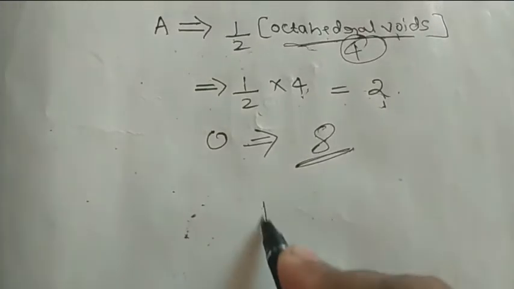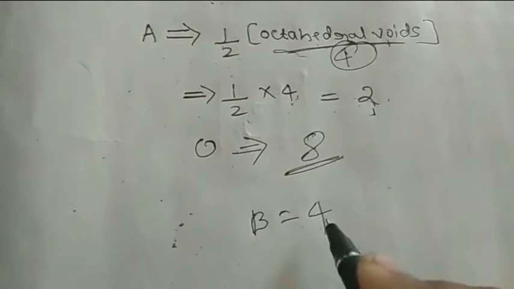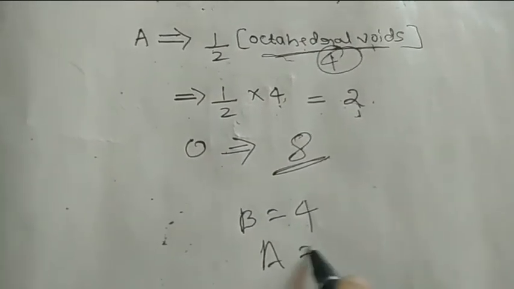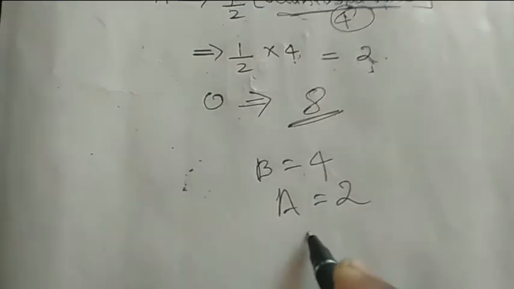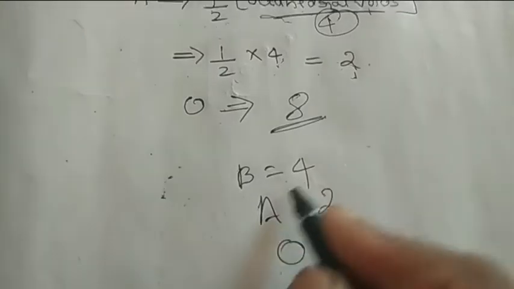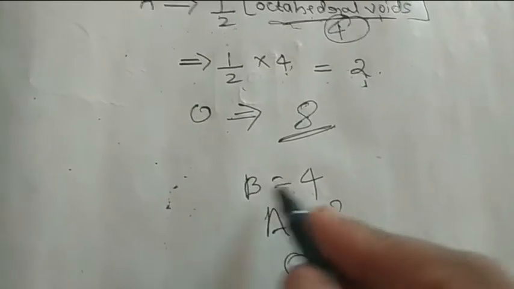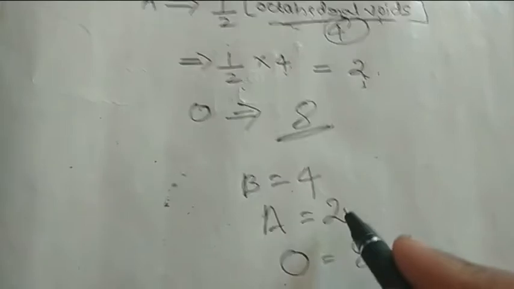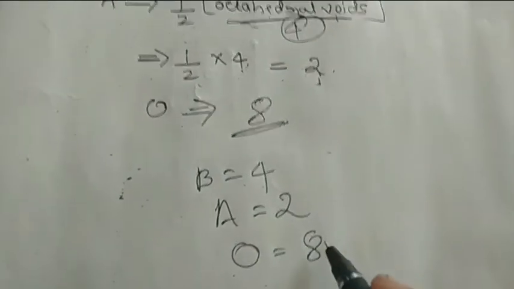So the B value is 4, the A value is 2, and the oxygen value is 8. That is, number of B is 4, number of A is 2, number of oxygen is 8.